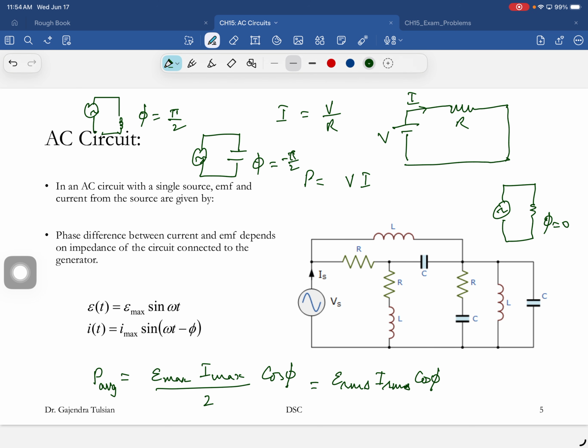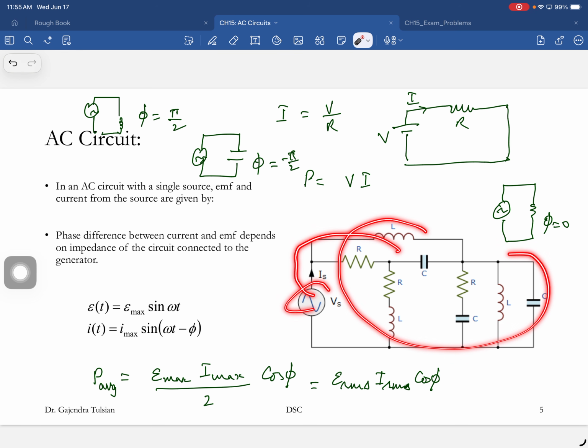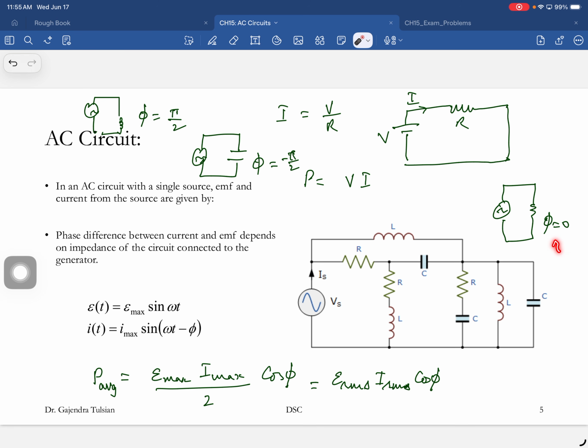That's when your pizza is being cooked. Okay, so this will be very important. So for instance, if this was Hoover Dam and this is your city, which has all kinds of inductors and capacitors in it, if you want maximum power delivered to your city, what is it that you want to do? Make phi 0. And we'll show you how to make phi 0.